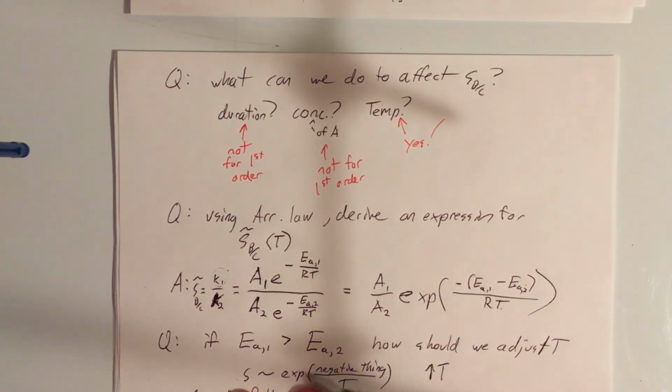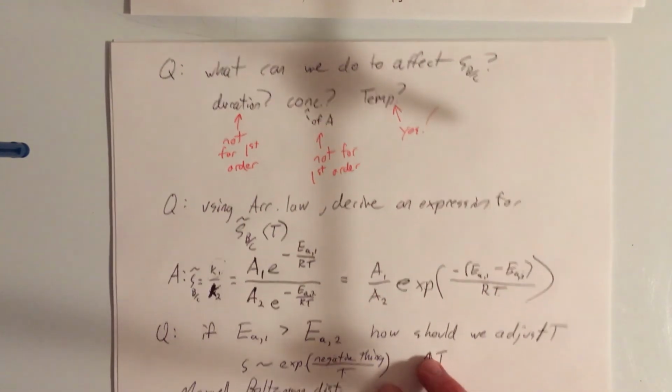So if we're going to have a negative number in here, we want that negative number to be as small as possible, to make this overall term as big as possible. By raising temperature, we can decrease the magnitude of this negative number inside the exponential, and that will make S as big as possible.